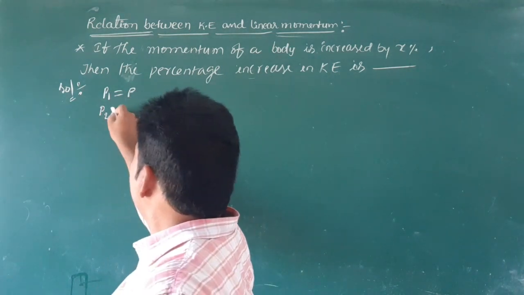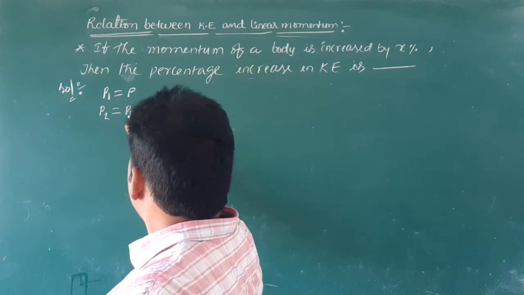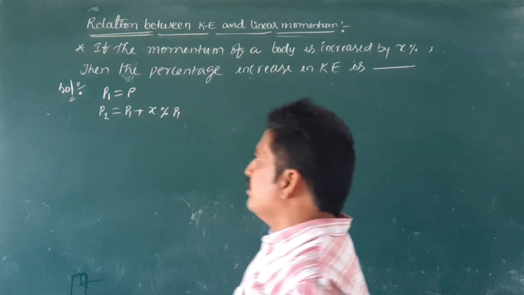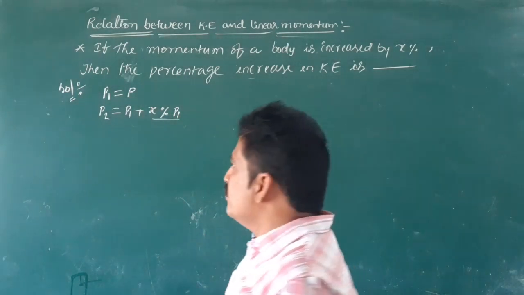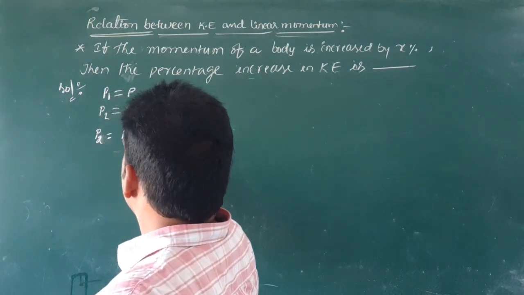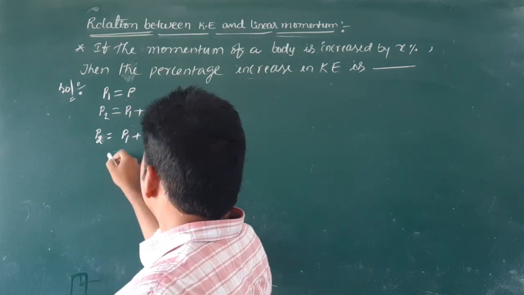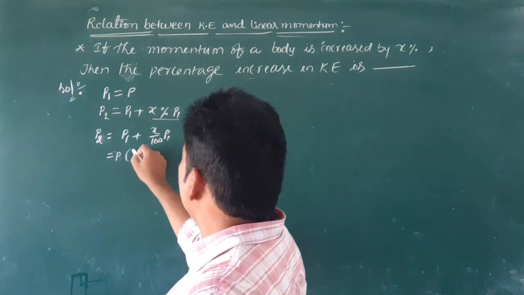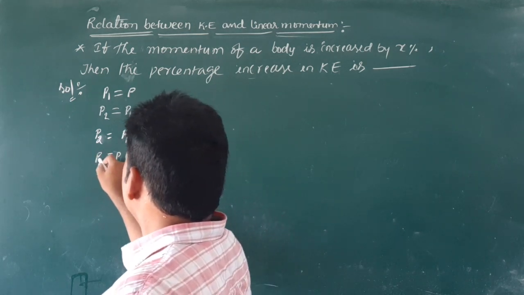And P2 is equal to P1 plus x percentage of initial momentum. That means this is increasing as compared to the first one. So we can simplify it: P2 is equal to P1 plus x by 100 into P1, which is P of 1 plus x by 100. This is P2, students.